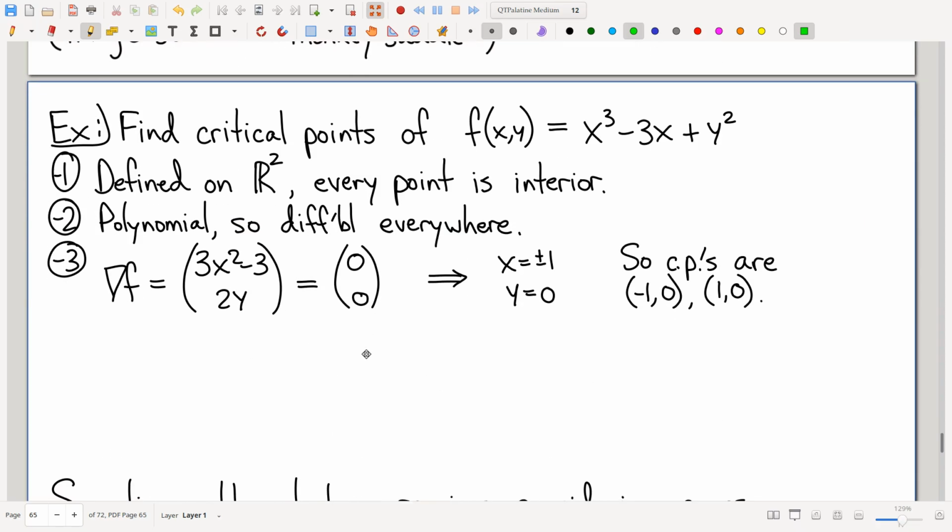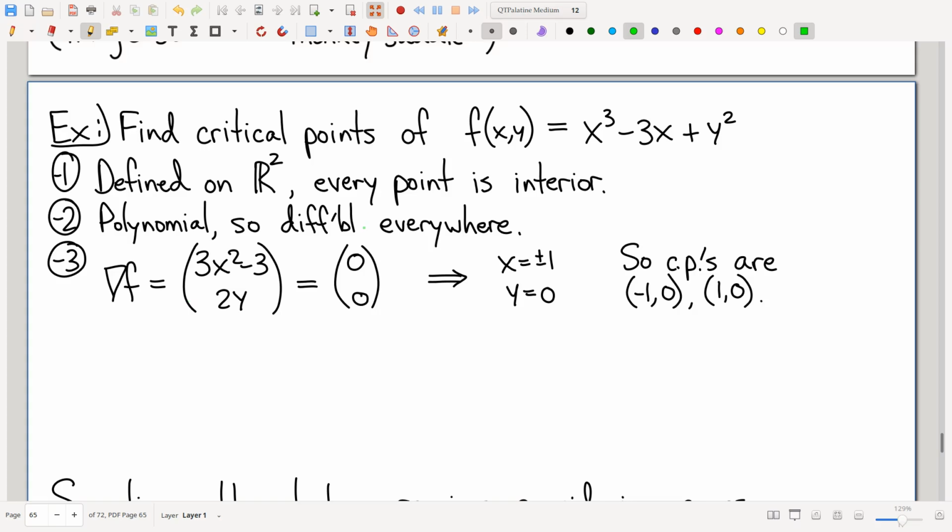Okay, so let's put this into action. Here is a function. This is defined on all of R2, of course, because nothing explodes. And so every point's in the interior, so we don't get any boundary critical points.